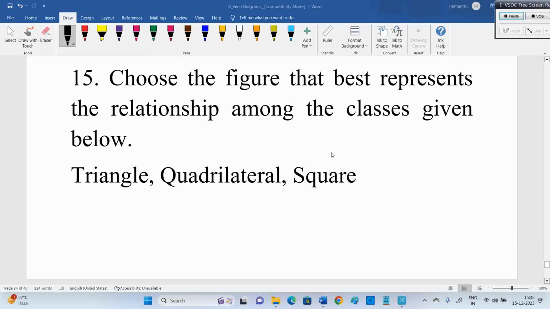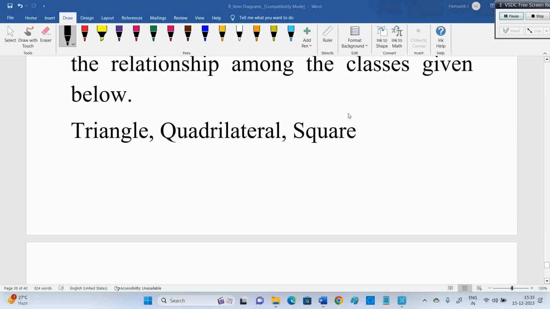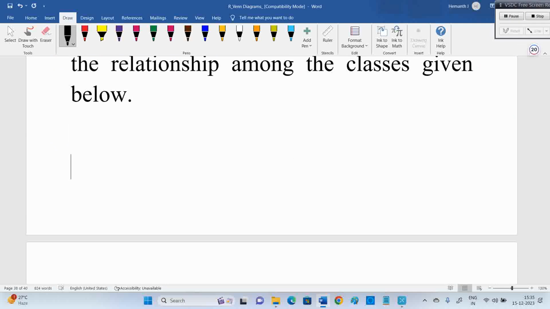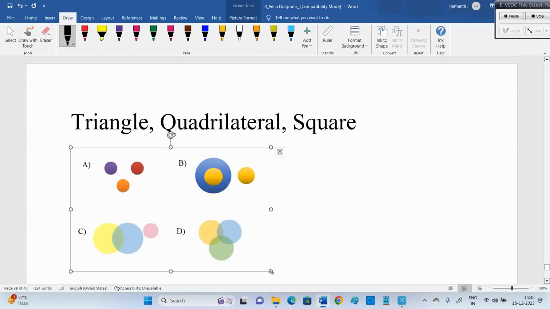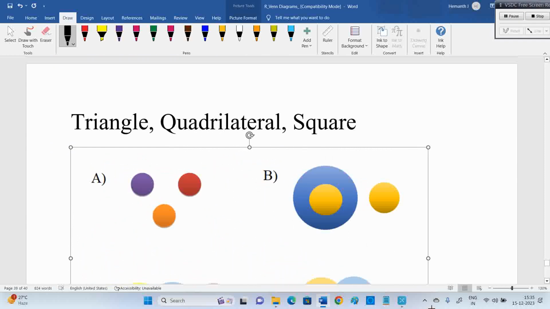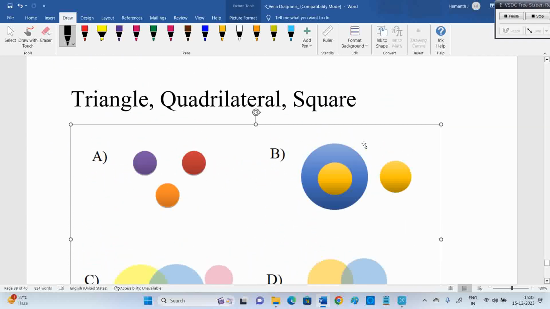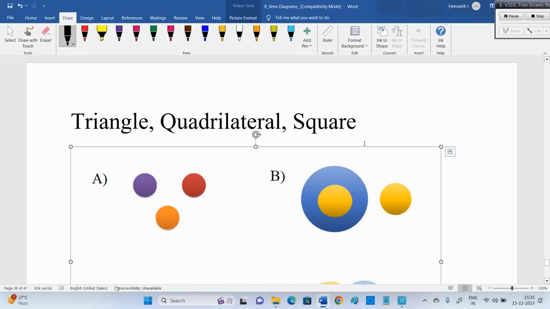So 15th question, what have they given? Triangle, quadrilateral and square. So check the suitable one related to these three words among the options. Triangle, quadrilateral, square.